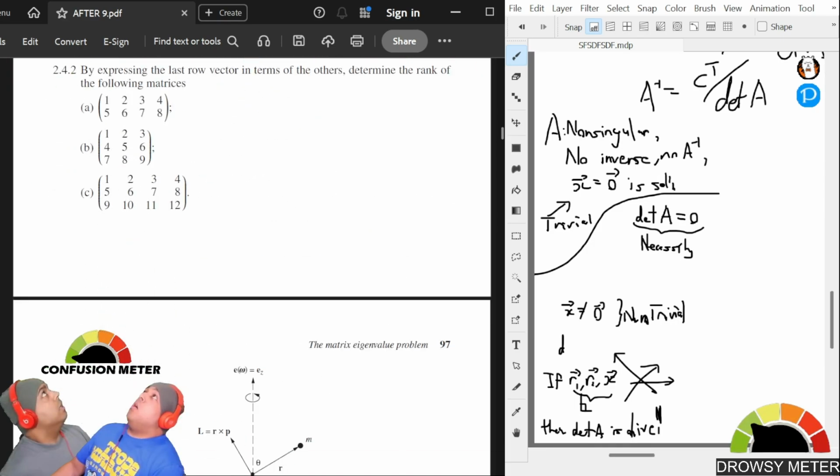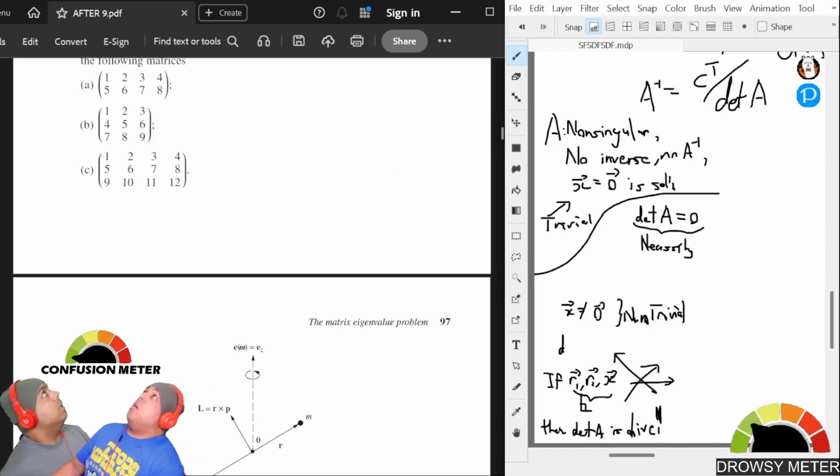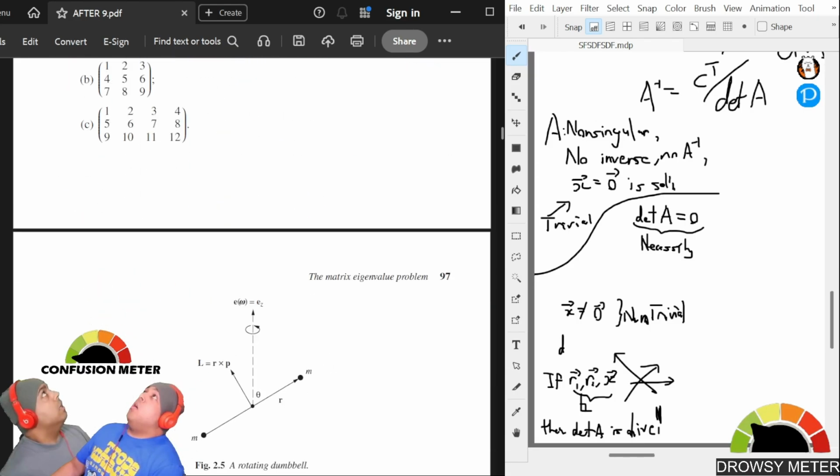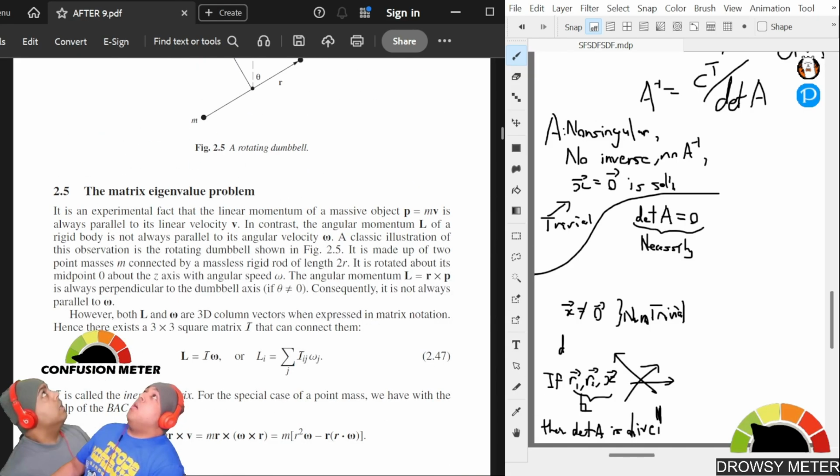Okay, some problems. The matrix eigenvalue problem. It is an experimental fact that the linear momentum of a massive object, p equals mv, is always parallel to its linear velocity v.